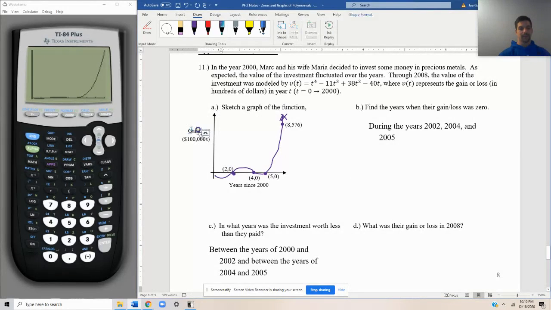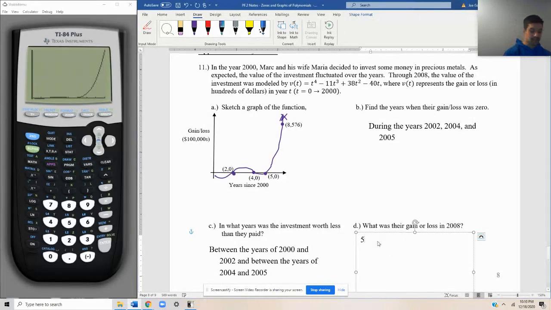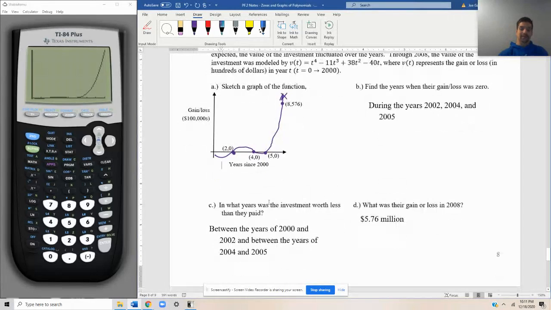So the gain or loss in hundreds of thousands of dollars would have been 576, so $576,000. So this would be $5.76 million. So based on this graph in 2008, they probably should sell because they're at a profit of $5.76 million.